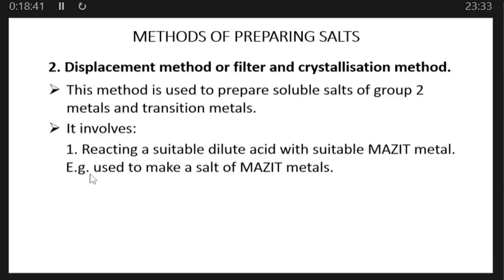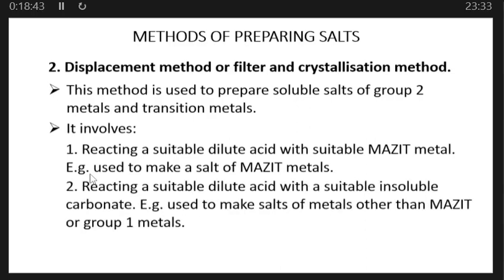All right. Then secondly, we are saying reacting a suitable dilute acid with a suitable insoluble carbonate. So depending on what salt you are being asked, you can either use the dilute acid and the reactive metal, or you get dilute acid and the metal carbonate, insoluble carbonate containing that particular metal.